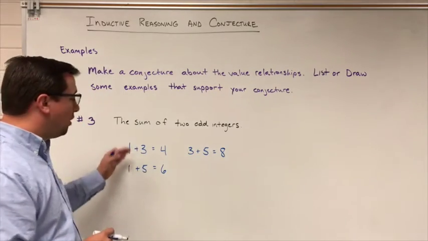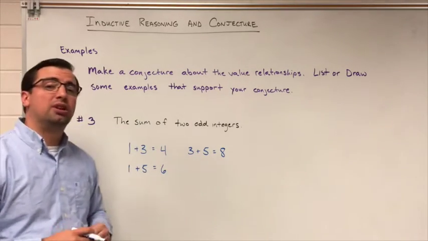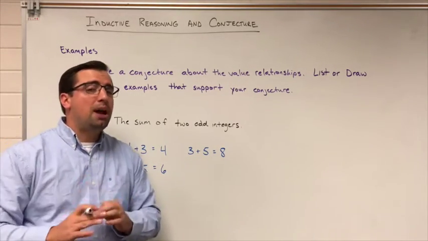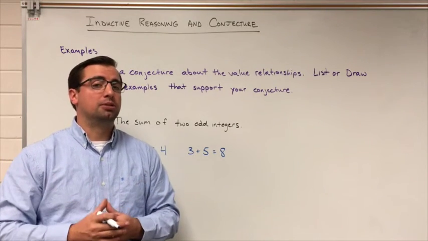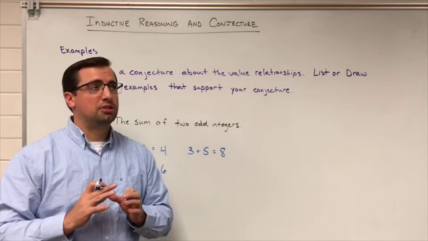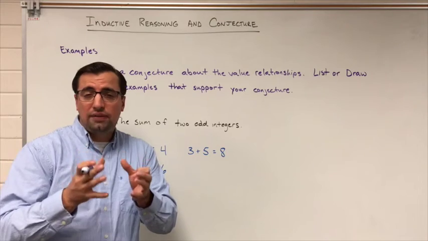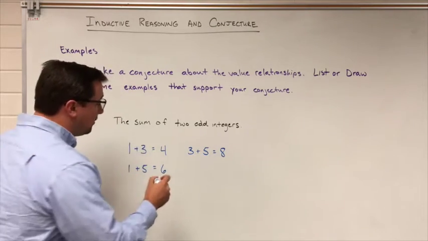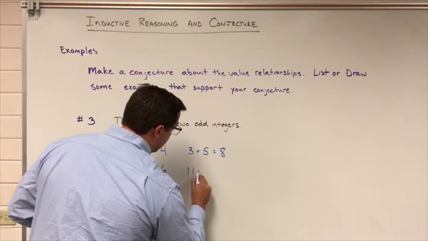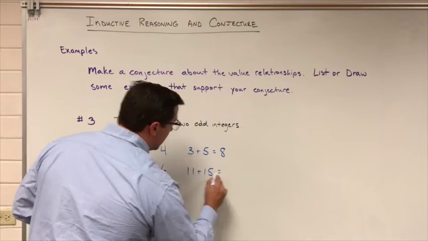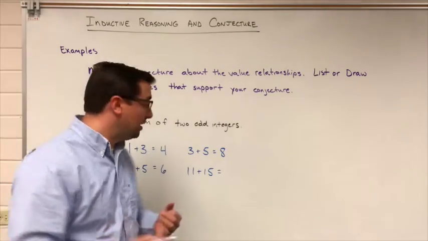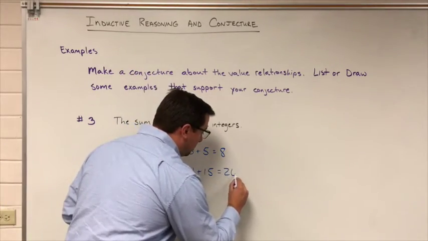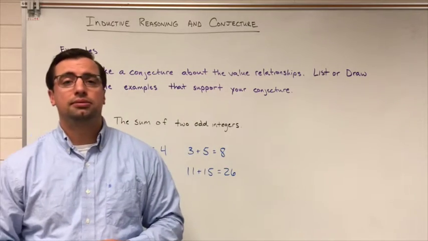Well, it seems so far I've used pretty small numbers. But what about if I picked a couple bigger numbers? Let's use 11 and 15. Let's add 11 and 15 together. And when I do that, I get a value of 26.